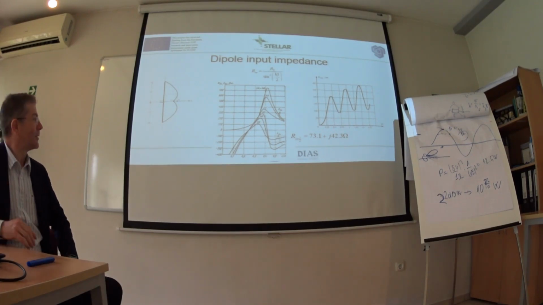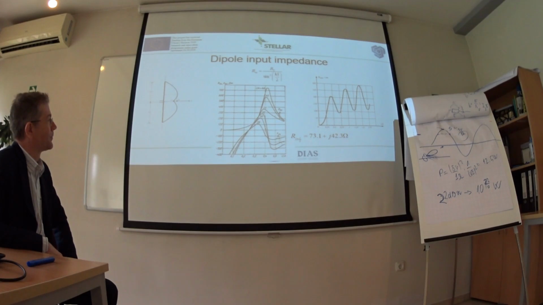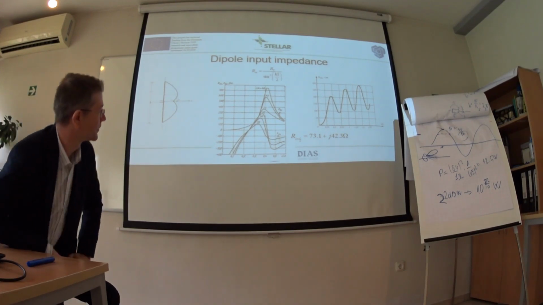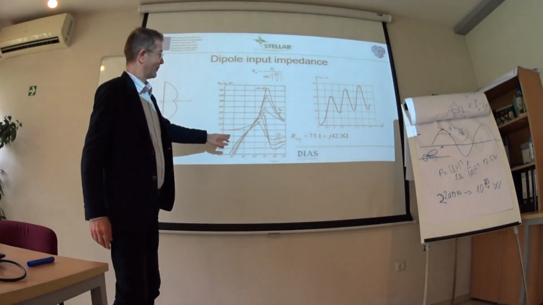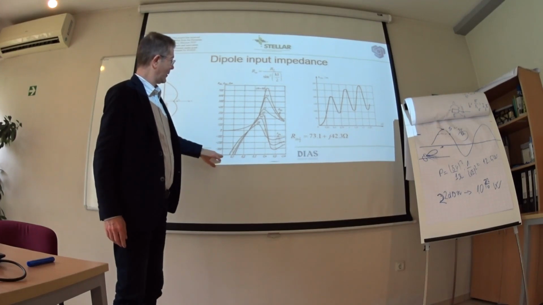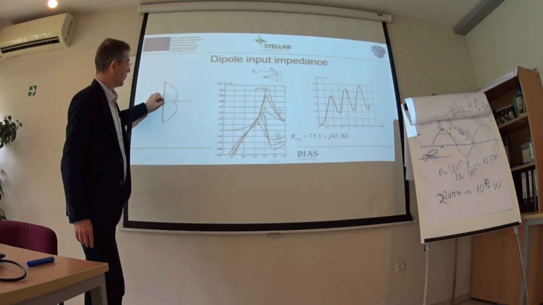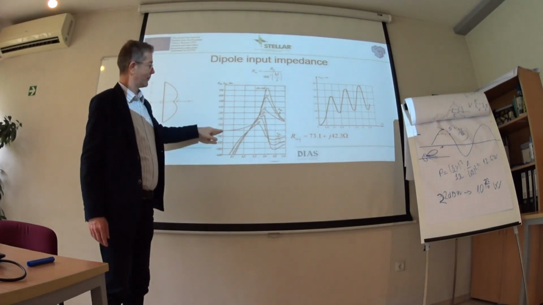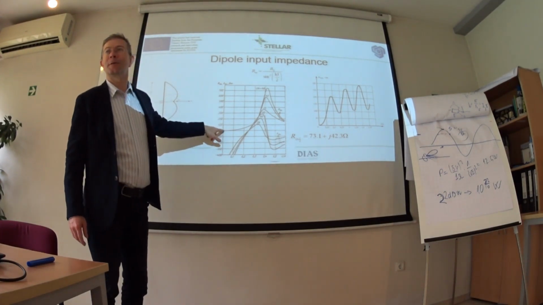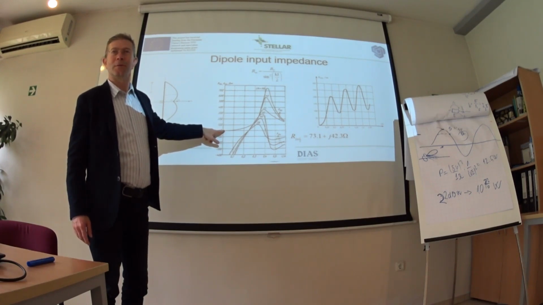So what we can see on this picture: if the dipole is very small, very short compared to the wavelength, the active component of the input impedance is how much? 0.